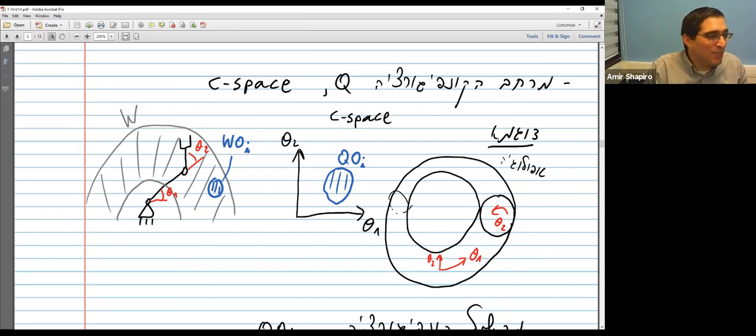It's not something real. It's just how to think about how the configuration space actually looks, because I can draw it in a Cartesian coordinate system, but it's not really a Cartesian coordinate system, because when theta2 goes to 360, it actually goes back to 0. And I cannot draw this here in a Cartesian way, because there is a cycle here.